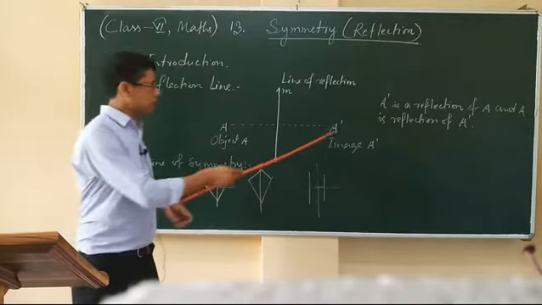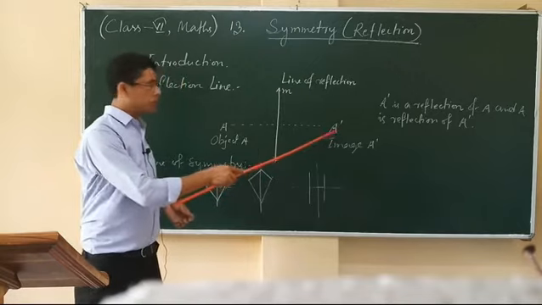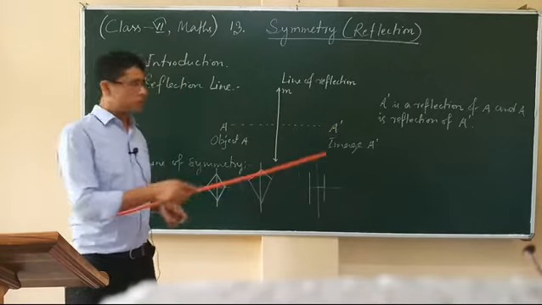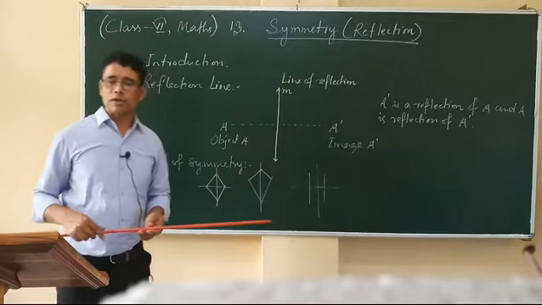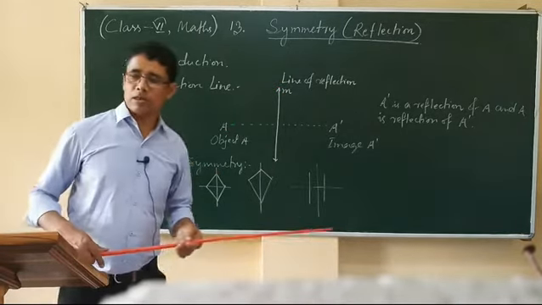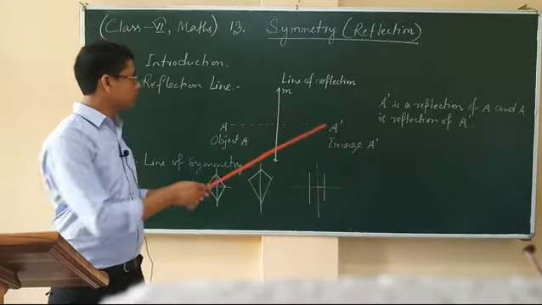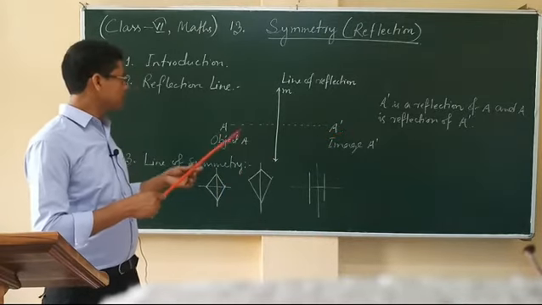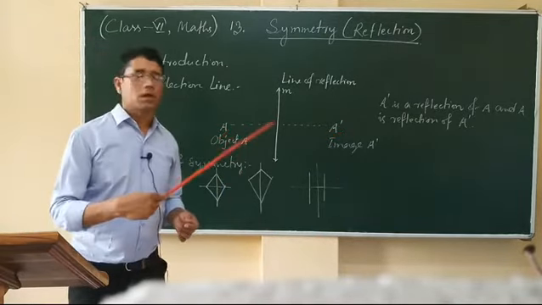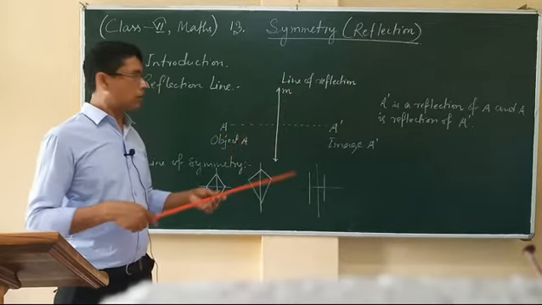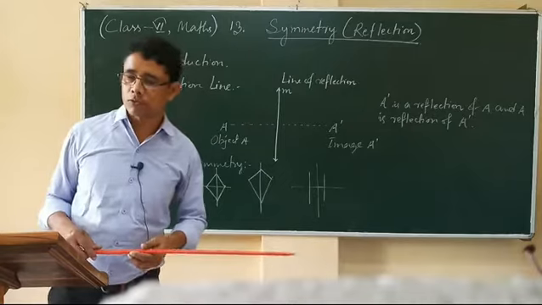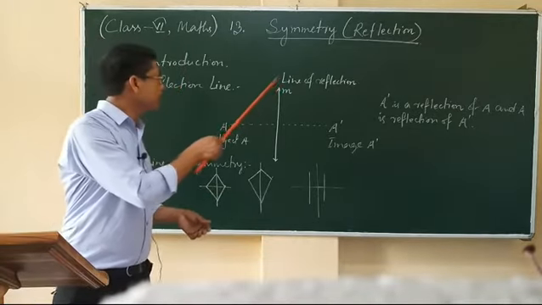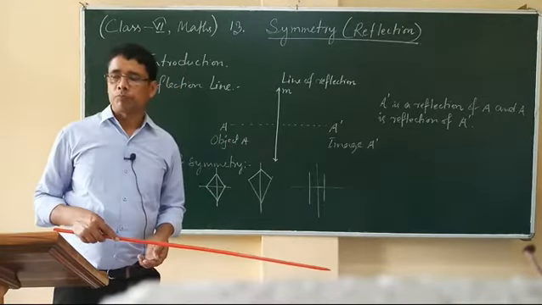Just to differentiate that this is the image, we have put a line on top. So, this is the image of A and this is M, which is the mirror line. This A dash is the image of A upon reflection. Now, how has this formation of image taken place? It has taken place due to reflection in the mirror, that is M.